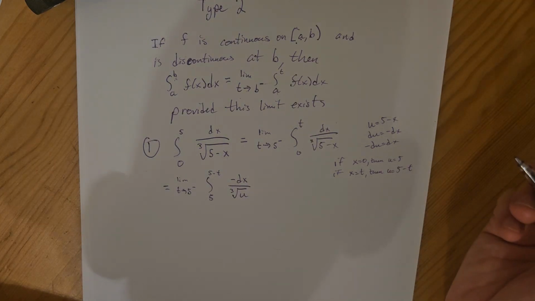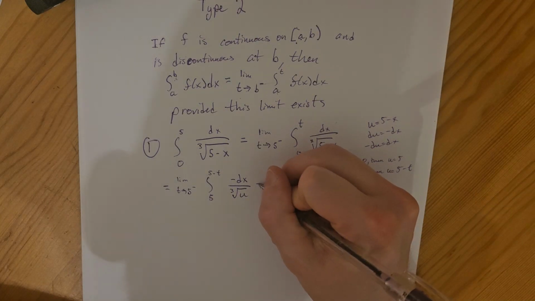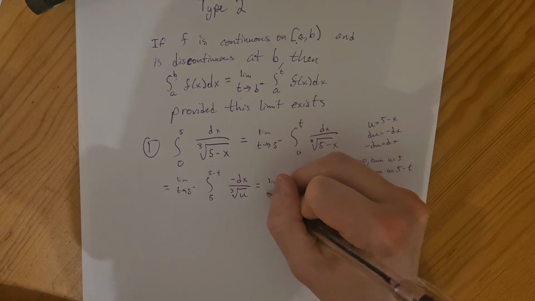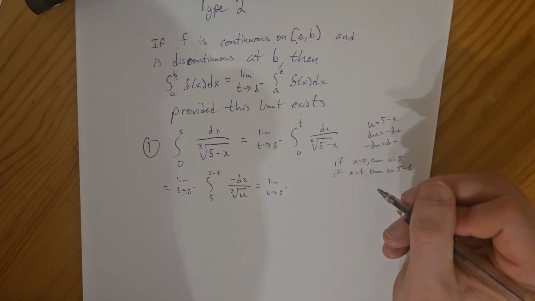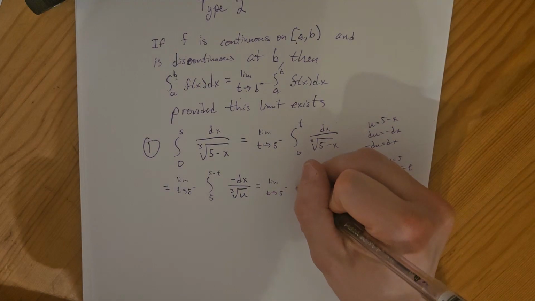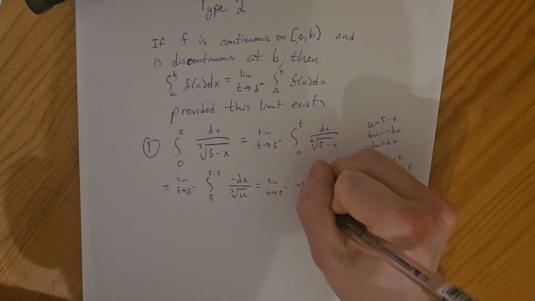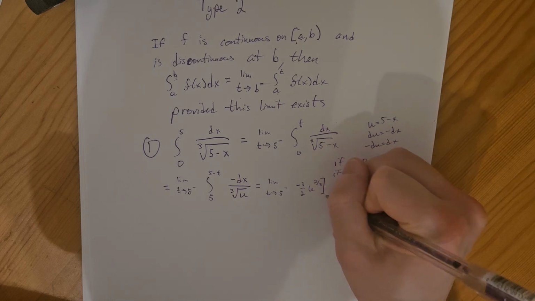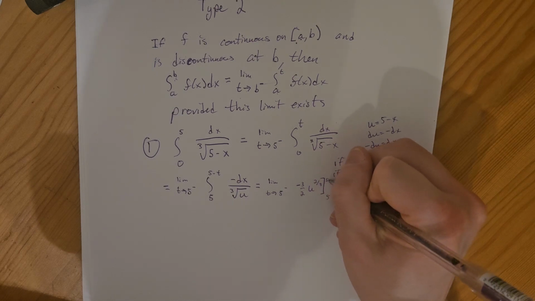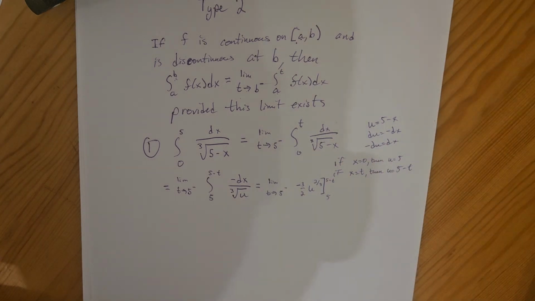Add 1 becomes u to the 2/3, then divide by that is 3/2. So we get the limit as t goes to 5 from the left of negative 3/2 u to the 2/3 evaluated from 5 to 5 minus t.